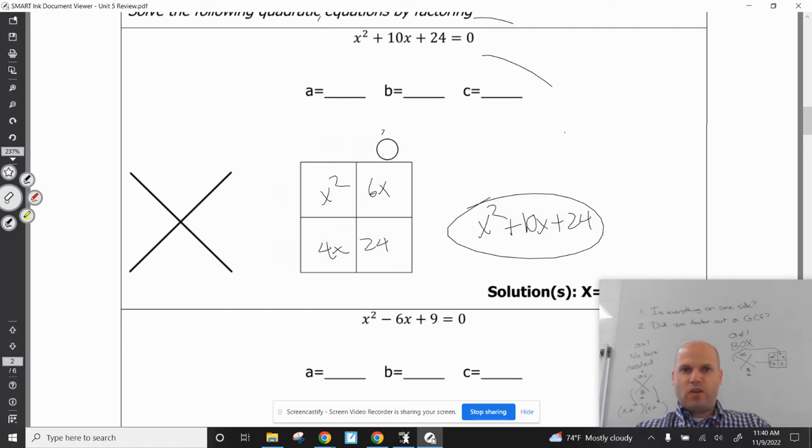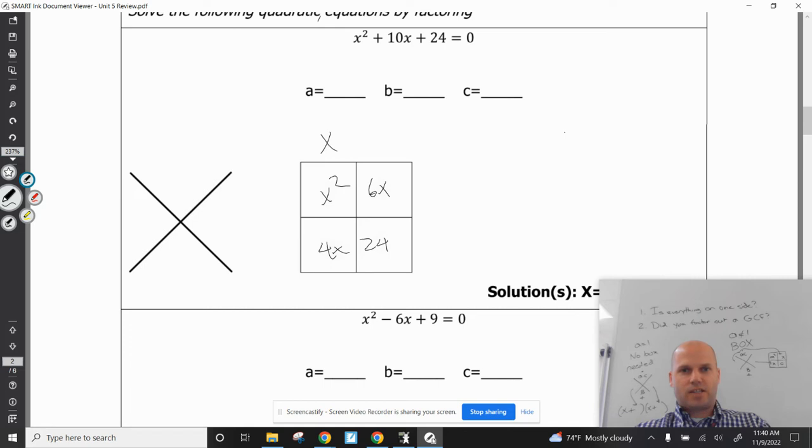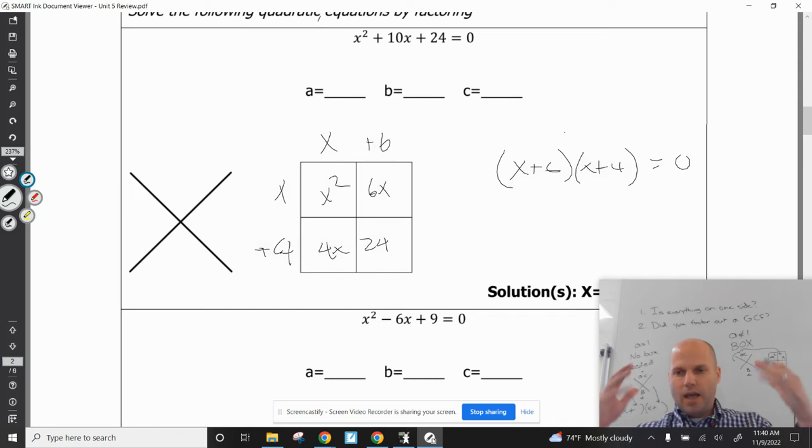I'm going to try to fill in the boxes if I need to, and then I will factor out, I will backwards distribute or factor, so that I can figure out, oh, this is actually x plus 6 and x plus 4. Boom, I've just turned standard form into intercept form. X equals negative 6, x equals negative 4, my solutions, because those are my intercepts.